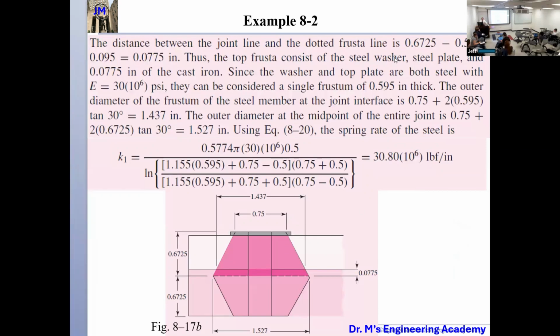Let me show you guys. The distance between the joint point, this is needed to calculate. We can get this gap. The top thrust consists of the steel washer, the steel plate, and this one in the cast iron.